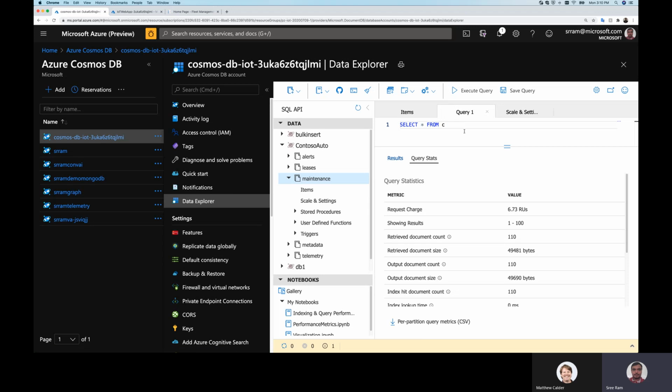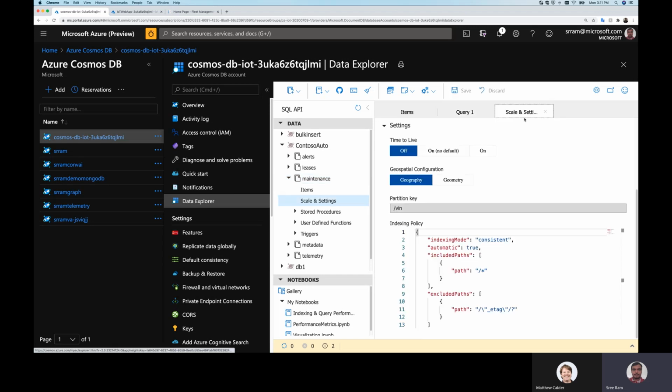I go back to my query and I say where c.win is equal to the one I pasted. So now, if I run that query, look at the number of RUs. It is now 2.83 RUs, which is one third of what I got before. And the reason is because I am getting all of this from the same partition.